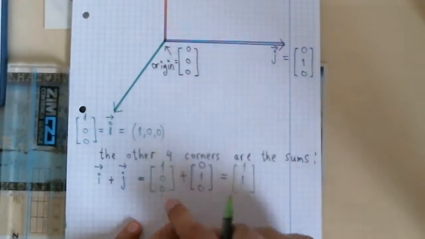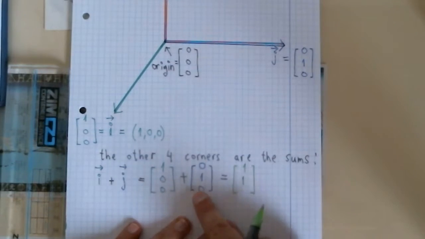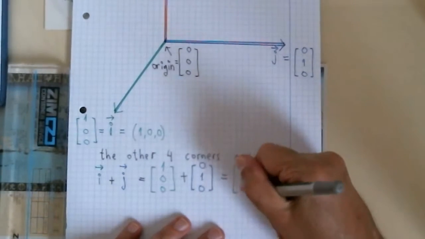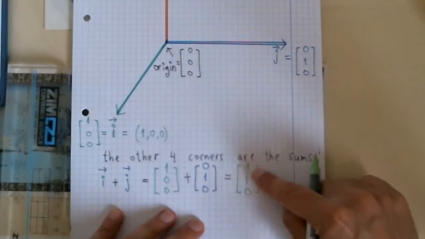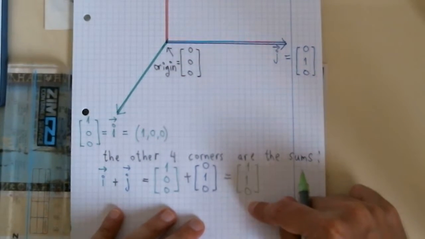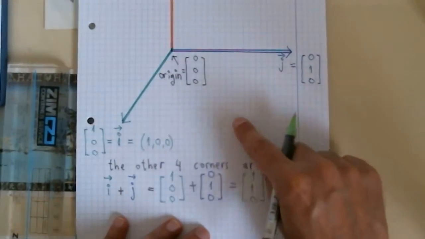And the third component, 0 plus 0 is 0. So this is one of the corners, which is this corner in the picture.